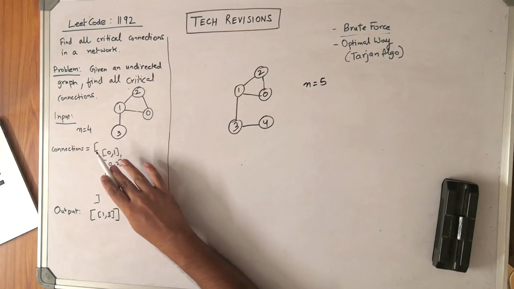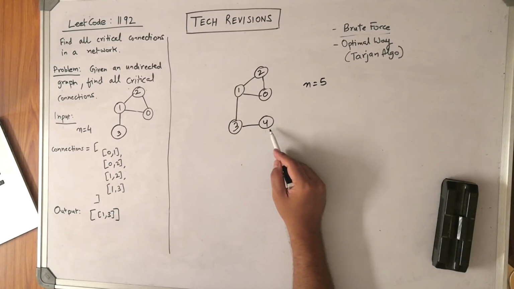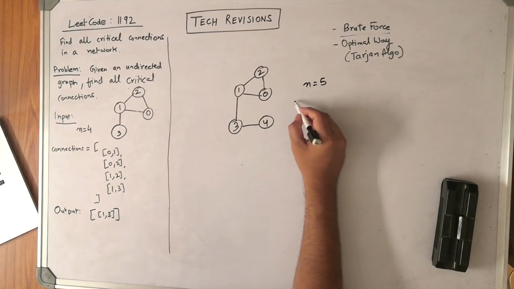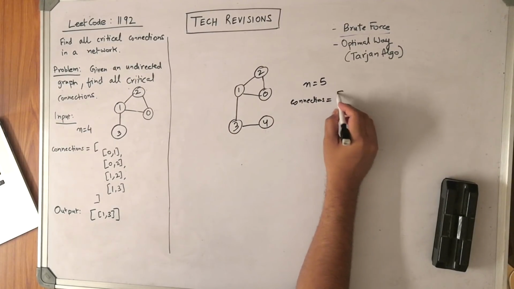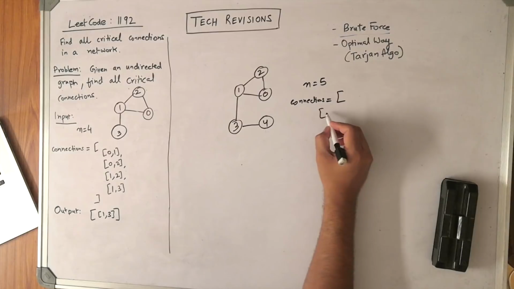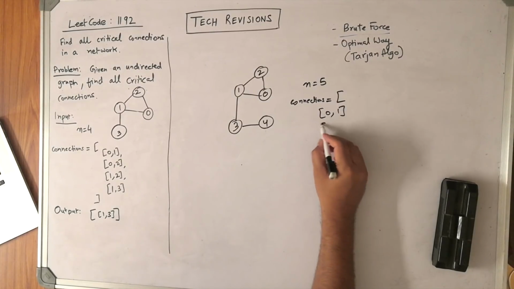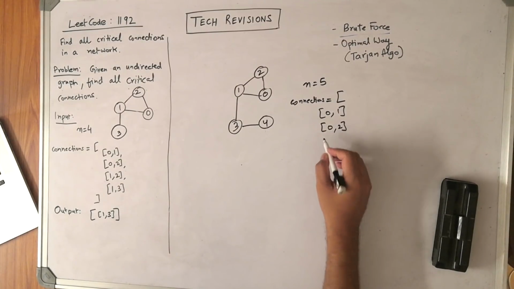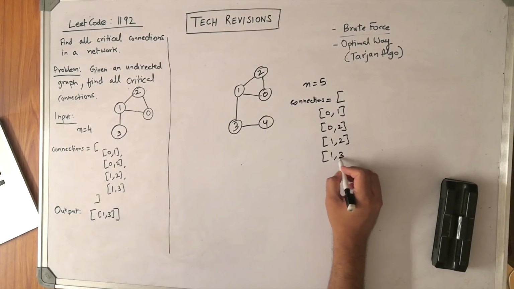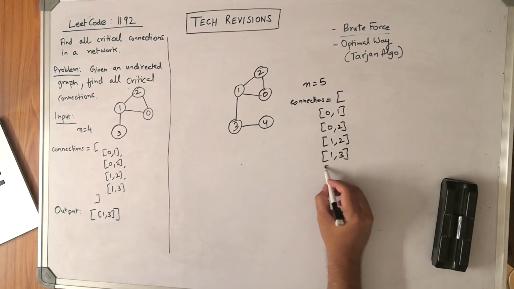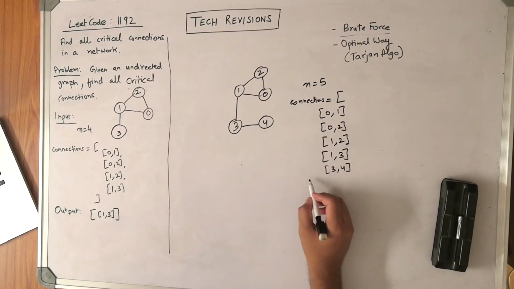The sample input given was 4, but I have added one more node, so n equals 5. Your connections array, an array of edges, is going to be 0, 1, 0, 2, then 1, 2, then 1, 3, and one more extra edge which I have added between 3 and 4.